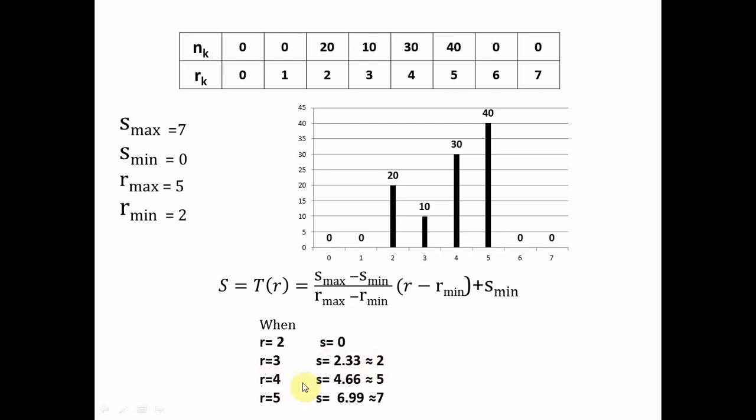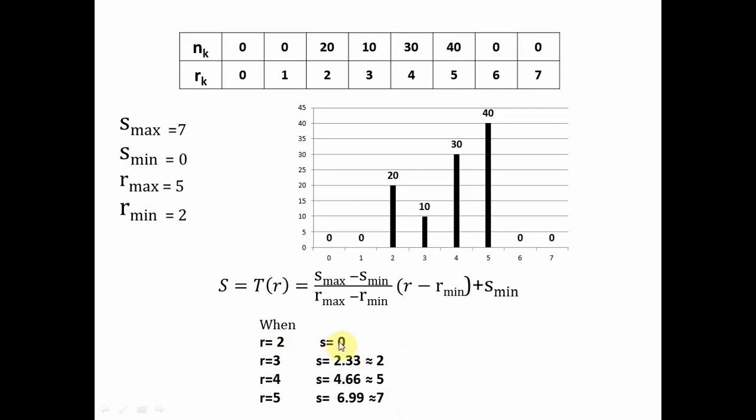Similarly, 4.66 is rounded up to 5; we round up when we hit 0.5 and above. For R equal to 5, S is 6.9, that is 7. So you have covered from 0 to L minus 1, that is 7.